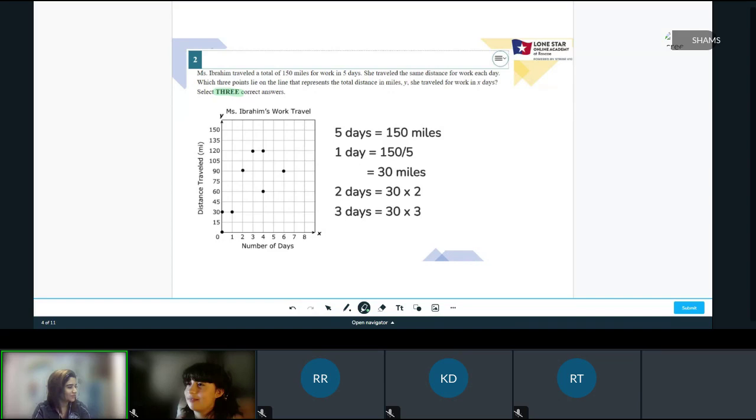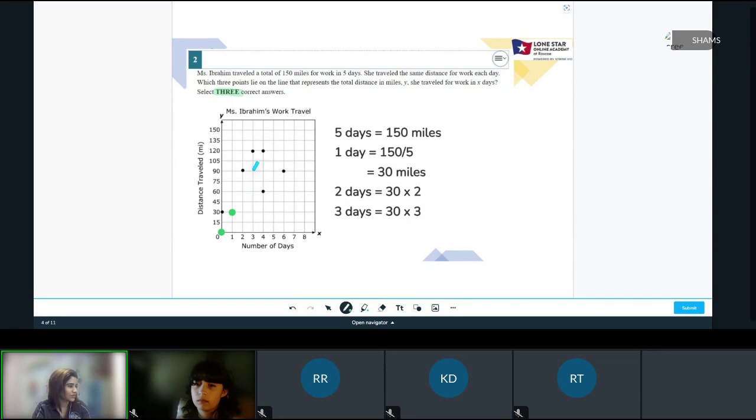Number 1, it is important to notice that in 0 days, she will travel 0. Over 1 day, she can travel 30. 2 days, it could be 60, but there's no dot on 60. 3 days, she travels 90.